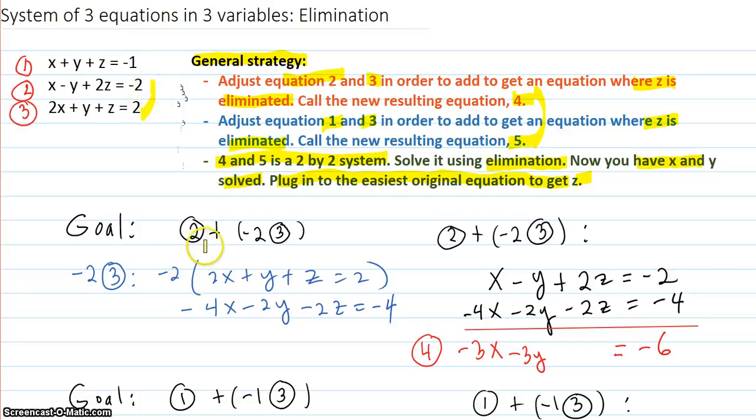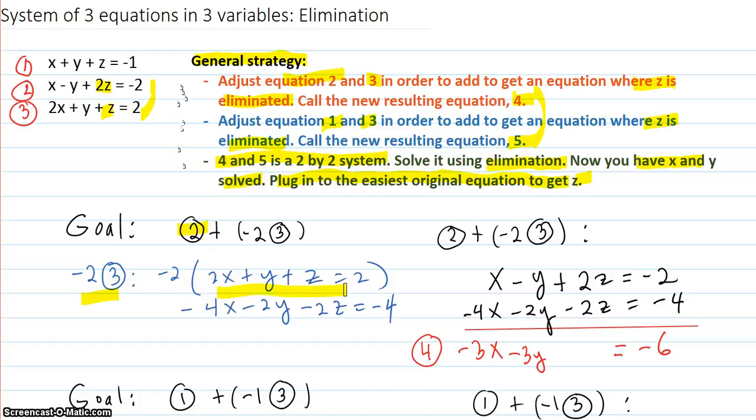So I see that I'm going to take equation 2, and I'm going to have negative 2 times equation 3, to put a negative 2 right there, so when I add it with a 2z it'll cancel out. So that's my goal. So I have to accomplish negative 2 times equation 3.